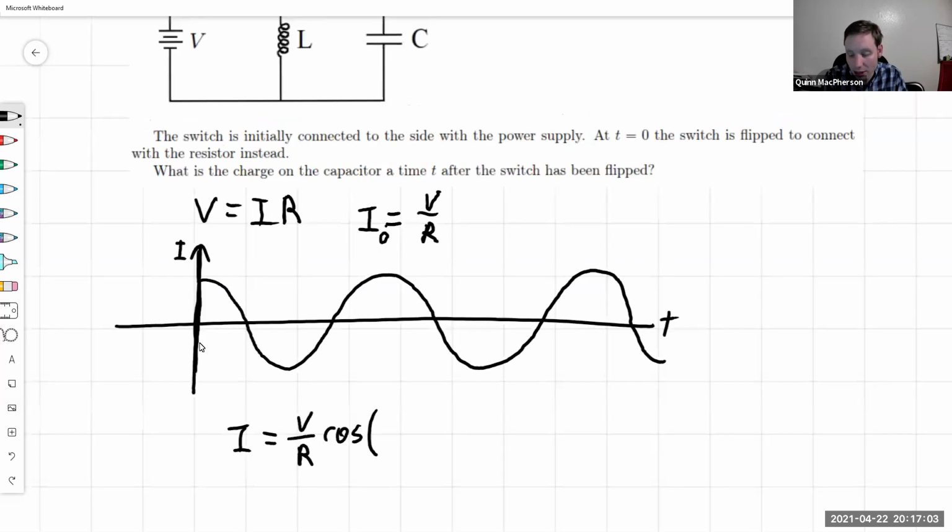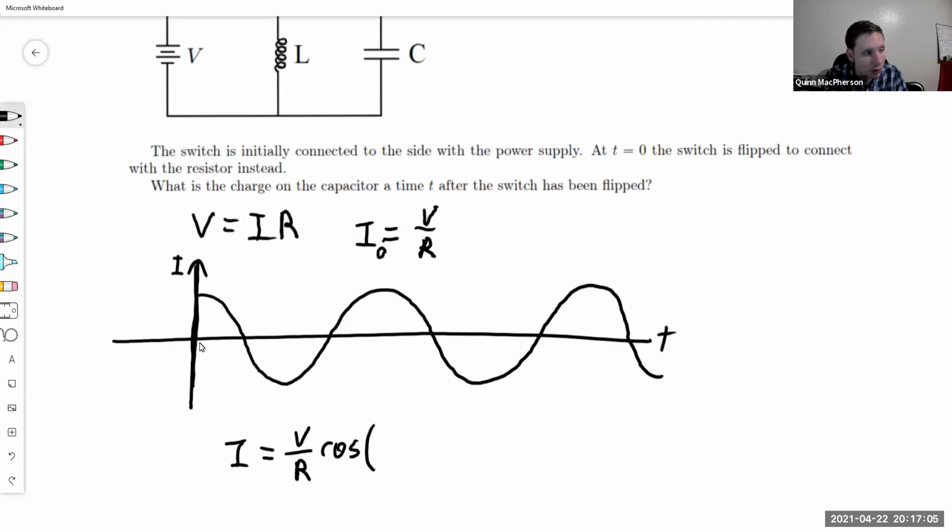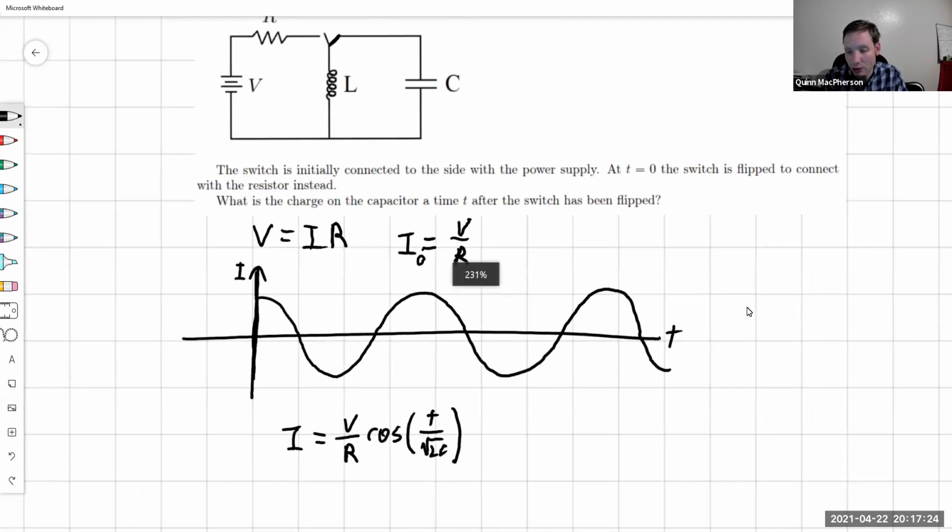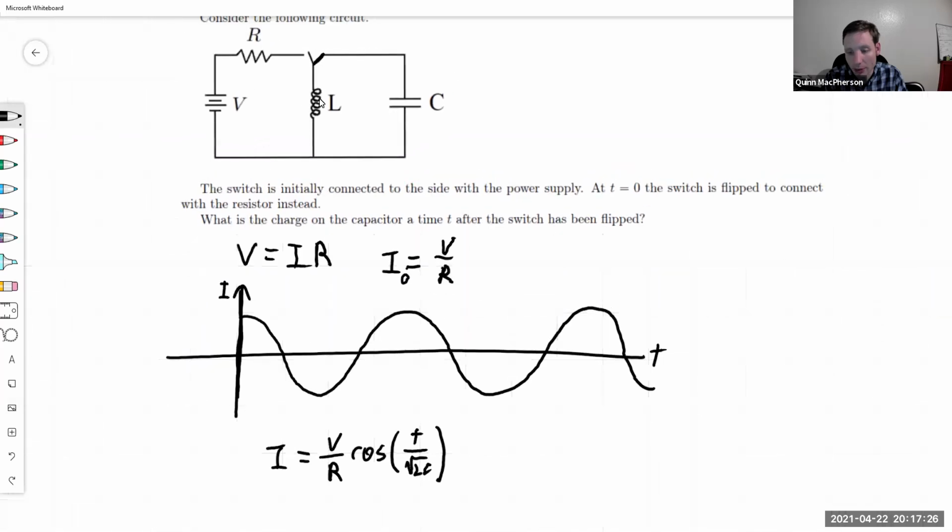But as we discussed in class, the oscillation frequency for an LC circuit depends on L and C. In class we had a sine rather than a cosine because either one really works. It really just depends on where you start. In this particular case, we are starting with current being high, so we're starting with the cosine. And the oscillation frequency, omega, is equal to 1 over the square root of LC.